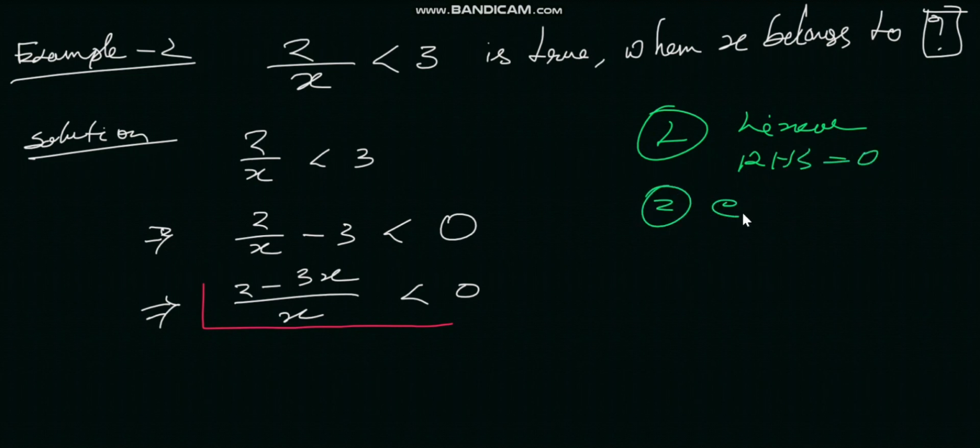Second step, we need to find the critical points. Earlier we said that we'll discuss the critical points. The critical points are basically the points that determine the behavior of the expression.